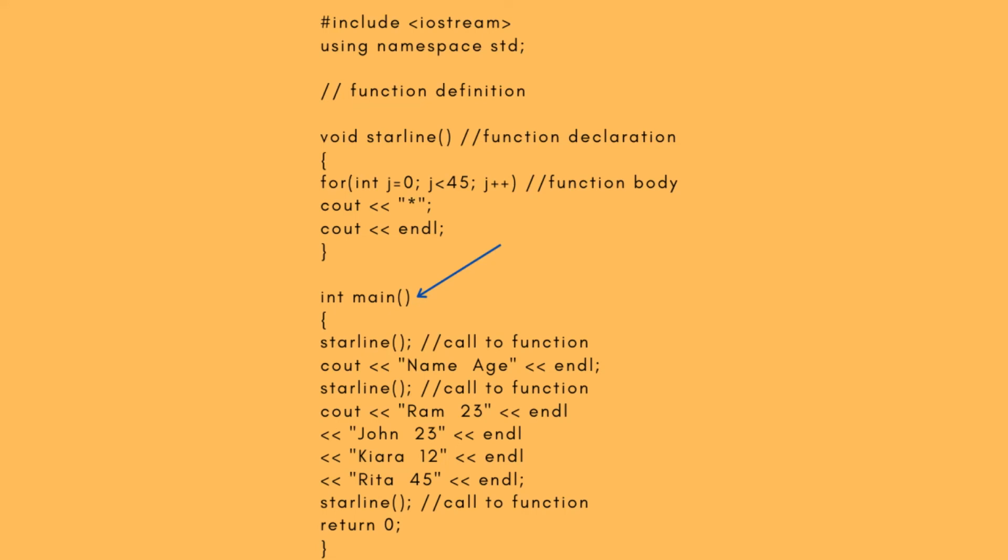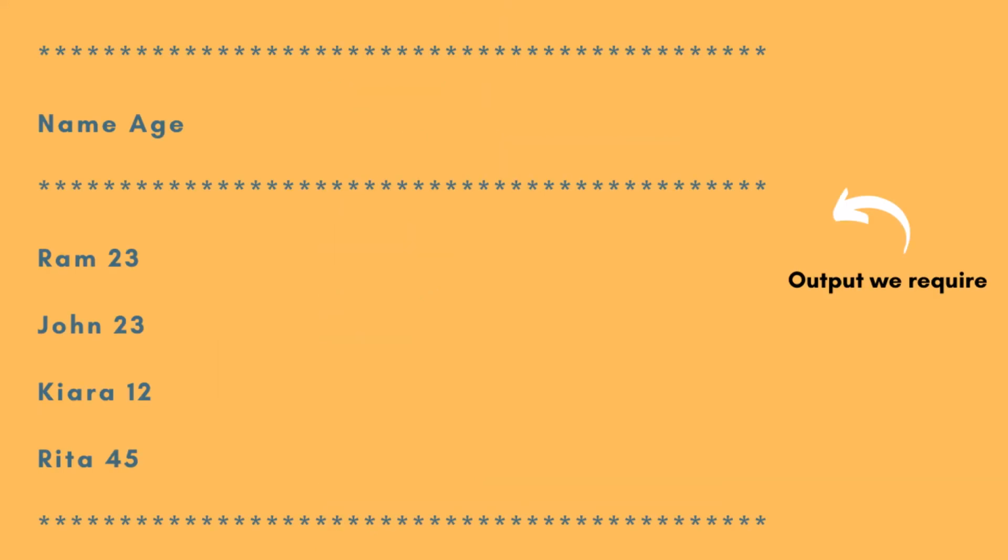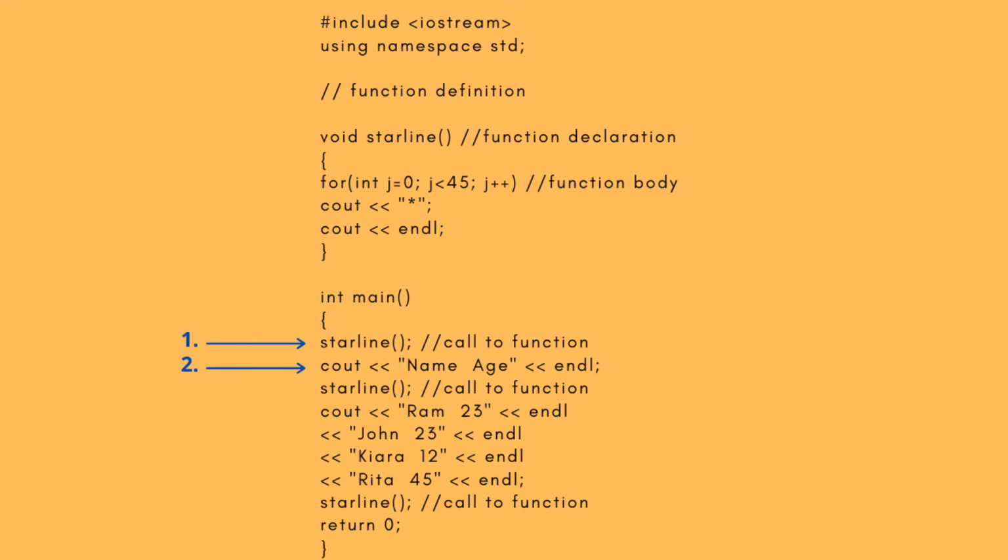So you can see in the very first line of our main program, we are calling the starline function because just check our output. It requires a horizontal line before any column name gets printed. Then there are column names, name and age. And after that, again a function call for the second time, which will get us the following output on screen.